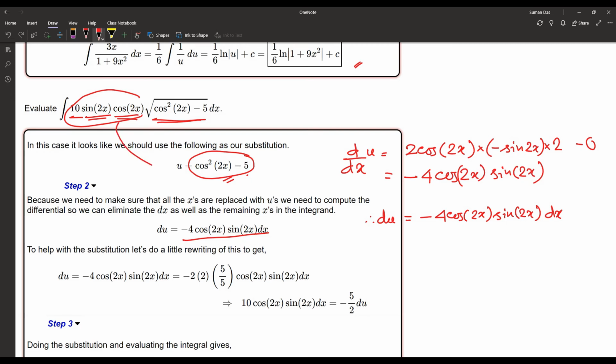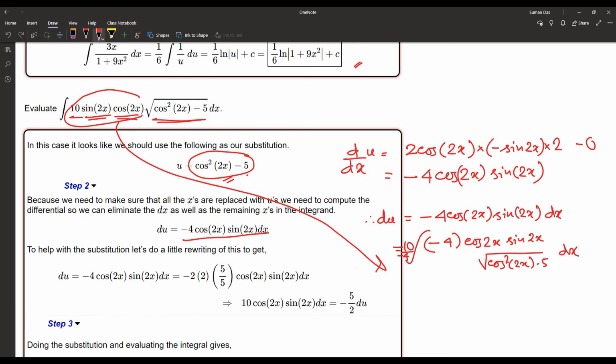So when we are transforming it, as the 4 is the required thing, we take the common 10 here and multiply and divide by -4, that is cos 2x sin 2x and the square root of cos^2 2x - 5 dx.